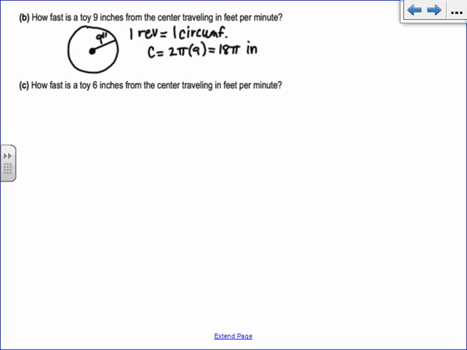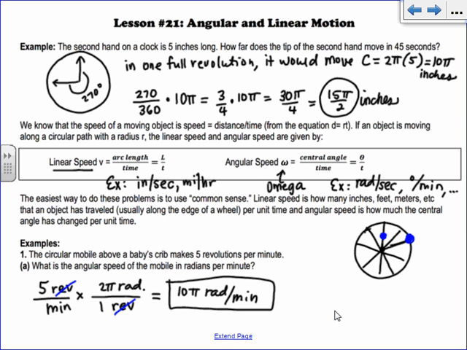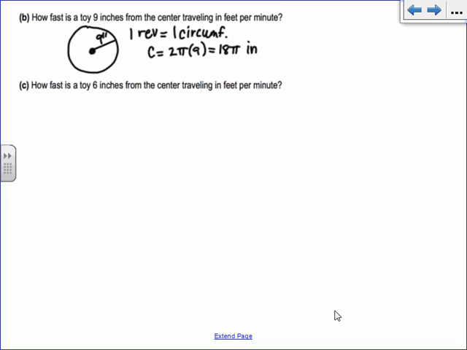We're going to use that information, 18 pi inches, in our conversion. It's doing 5 revolutions per minute, so let's start with what we were given. But 1 revolution is the same as 1 circumference. If you need to write that conversion, you can. 1 revolution is 1 circumference.